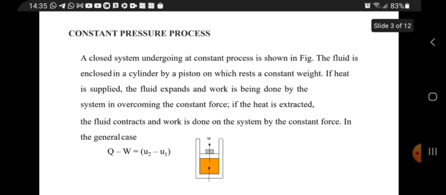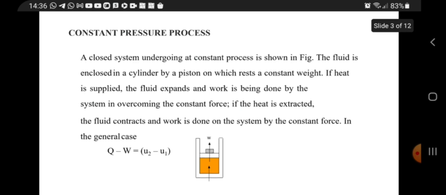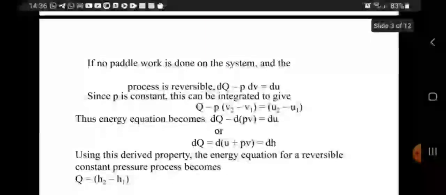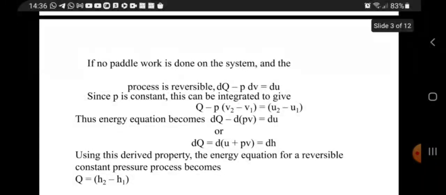In the general case, Q minus W is equal to U2 minus U1, which we have already discussed. You can see in the diagram where the work W is shown. If no paddle work is done by the system and the process is reversible, dq minus p dv is equal to du.